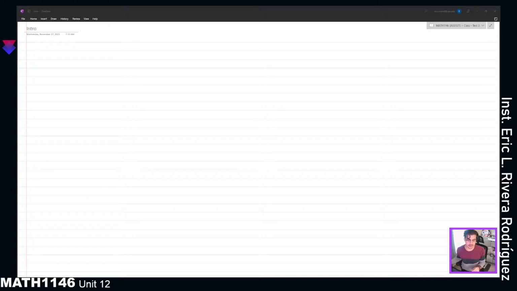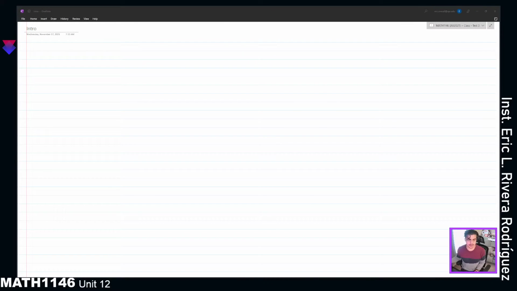We introduce the exponential function as operators. We are going to treat them as operators because our goal is to learn how to solve exponential equations and logarithmic equations. So Unit 10 was exponential equations. The inverse of that is the logarithmic functions. That is Unit 11. Now we are going to combine both, and we are going to be working with the two at the same time.